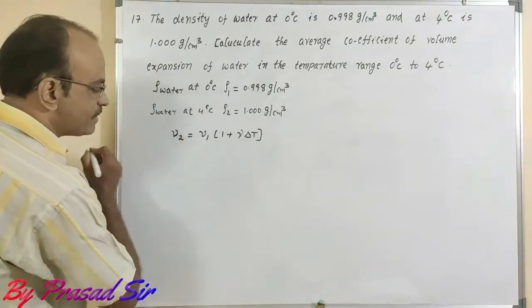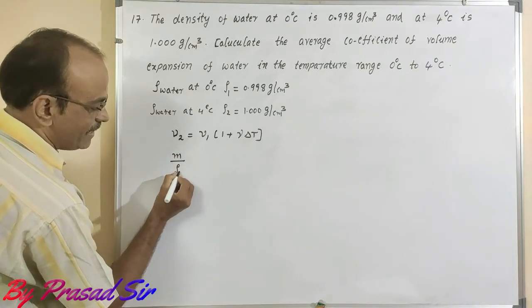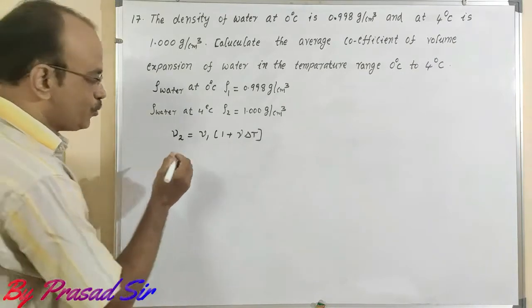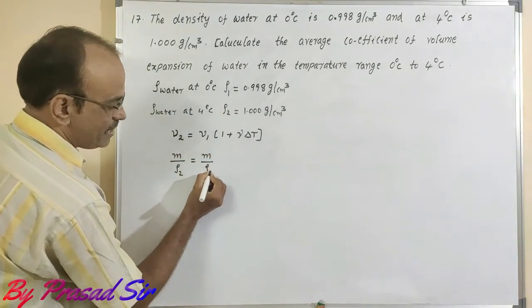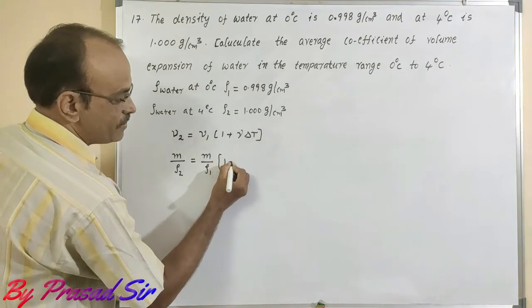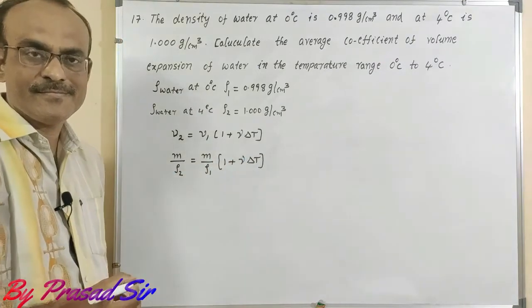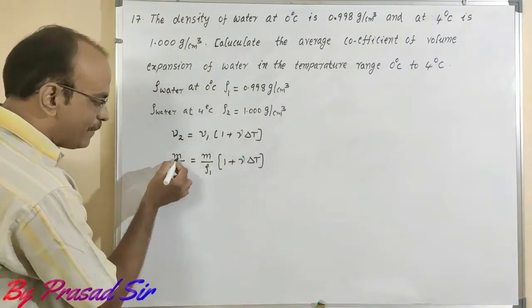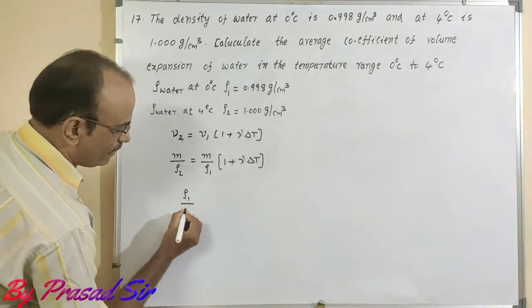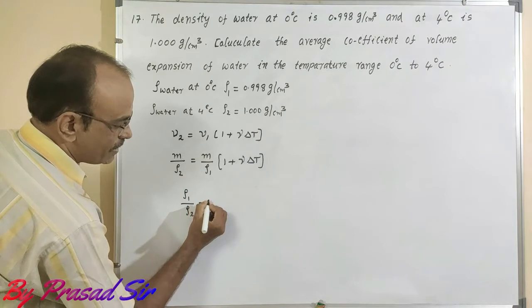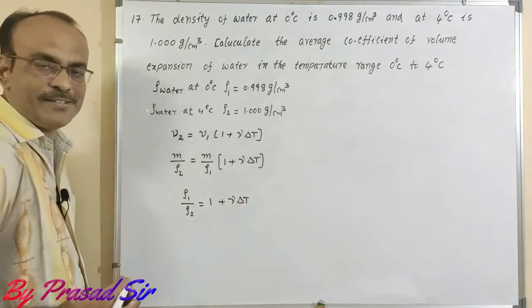First of all, volume is nothing but mass divided by density, that is m by rho 2 is equal to mass divided by density rho 1 times 1 plus gamma into delta T. Now on both sides mass gets cancelled. Remaining is rho 1 divided by rho 2 is equal to 1 plus gamma into delta T.